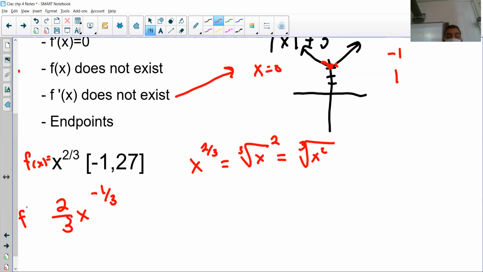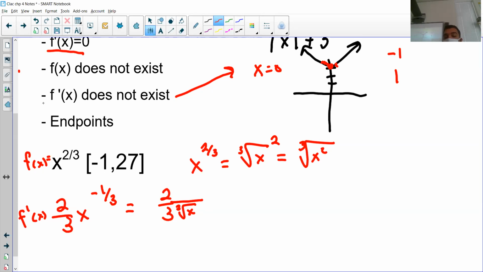Because we need to go through the checklist of things where our derivative could exist. So the first thing we're going to check is where f prime of x equals 0. So we need the f prime. Let's set that up: 2/3, and I'll rewrite it as the cube root of x here. Where did the interval points go into this? They're not in the equation.